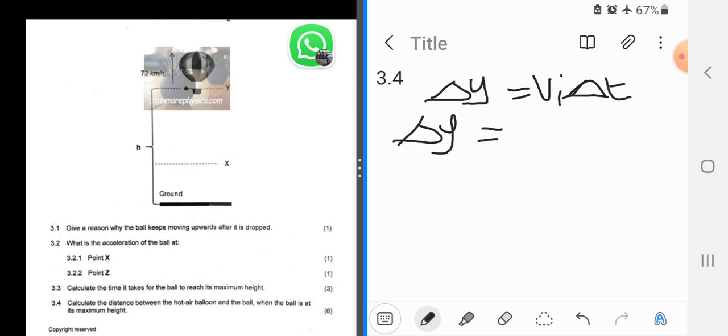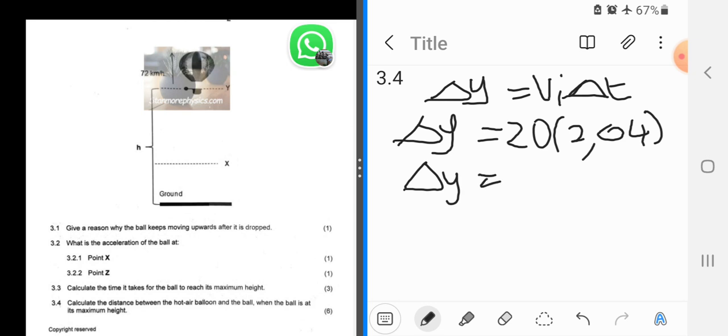So the initial velocity of the ball is 20, and the change in time we just calculated is 2.04. So here we have the displacement of the ball. The ball will be y, so that will be 40.80 meters, displacement in meters.